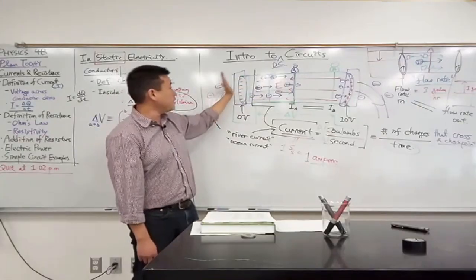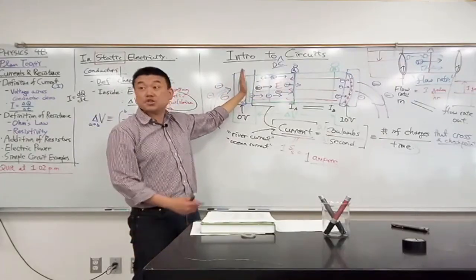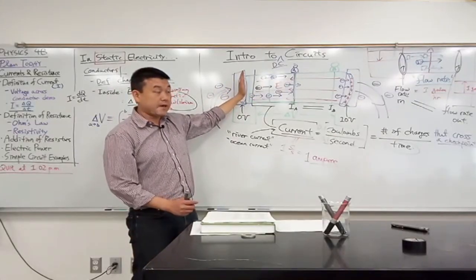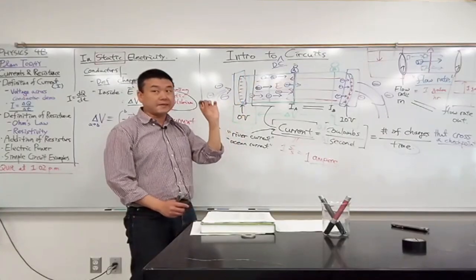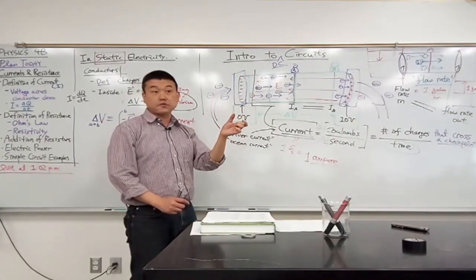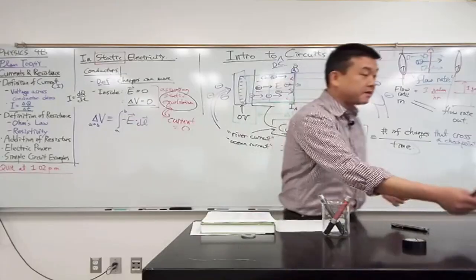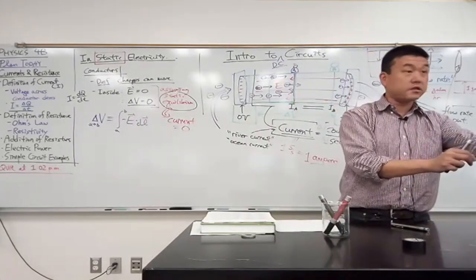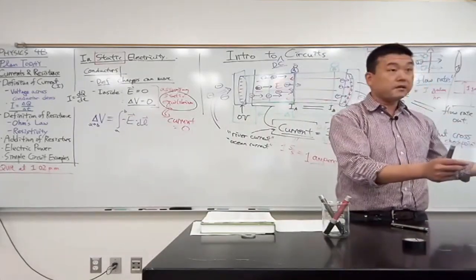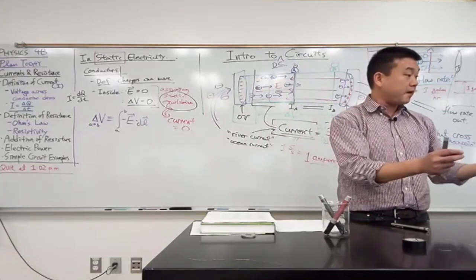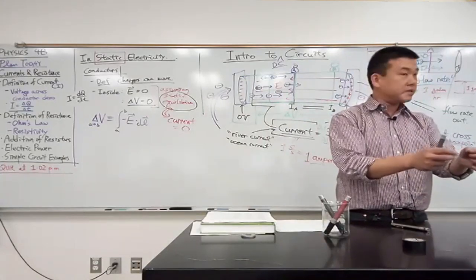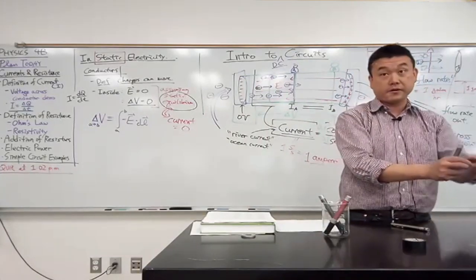However many charges are coming in at one end, it turns out charges are super hard to compress. As in, if you try to accumulate even the tiniest amount of coulombs of charge in a wire like this, it involves such a huge amount of voltage and force that you just can't do it. So the very good approximation to make is that there's no significant charge accumulation anywhere here.